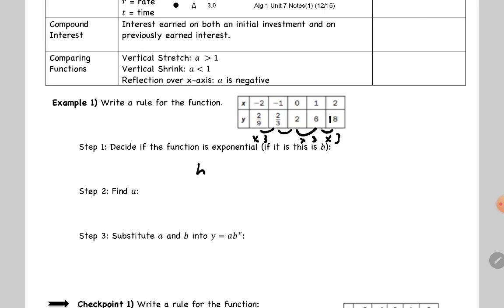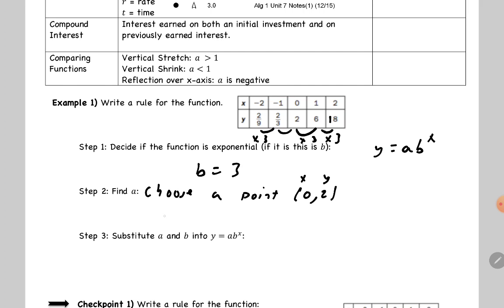So that means our b value in this equation that we're creating, y equals ab to the x, is 3. So now we need to find a. We're going to choose a point that they gave us, something easy. I'm going to choose (0, 2), and that's going to be my x and y here.